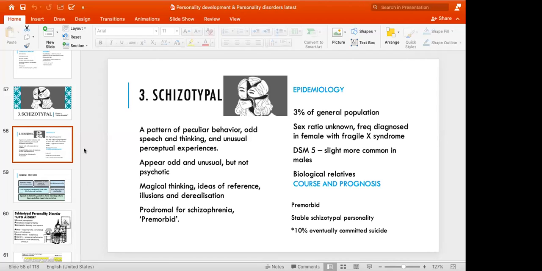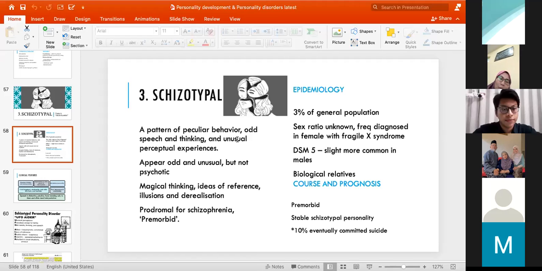That's called odd beliefs or magical thinking. Sometimes it's called magical ideation as well. It's very easy to detect those with magical thinking, because they're able to tell you when they trust you. Okay, so I hope that helps.